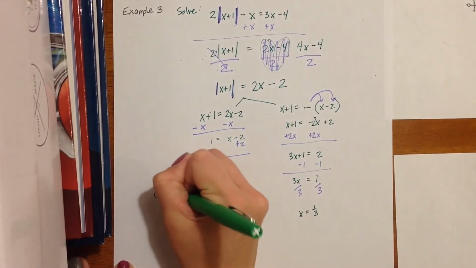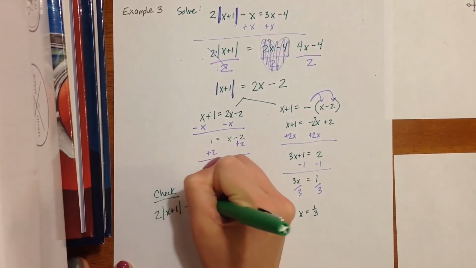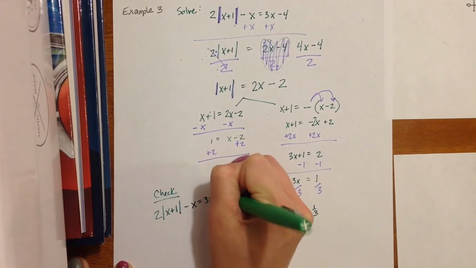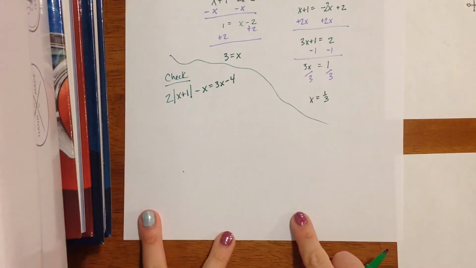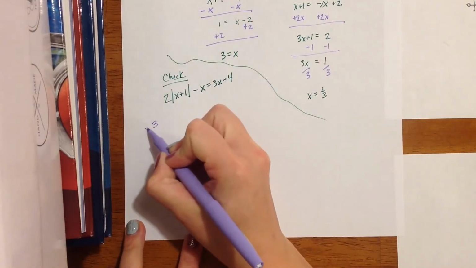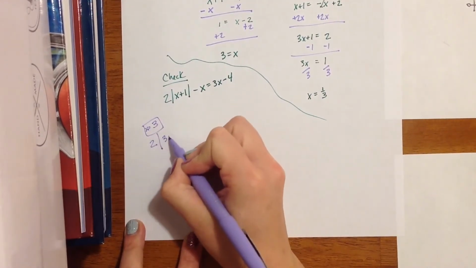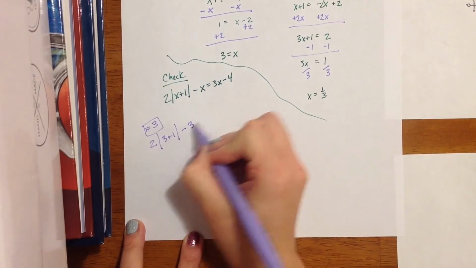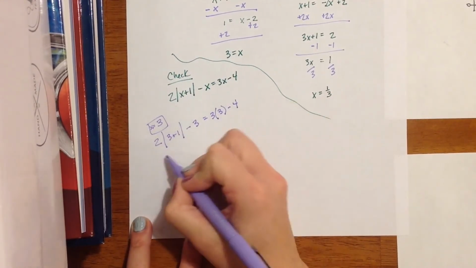So I'm just going to do a quick check. I'm going to rewrite this so I can see it. Always go back to the original equation for this checking part. So let's try 3 first. When I try 3, I get 2 times the absolute value of 3 plus 1 minus 3 equals 3 times 3 minus 4.